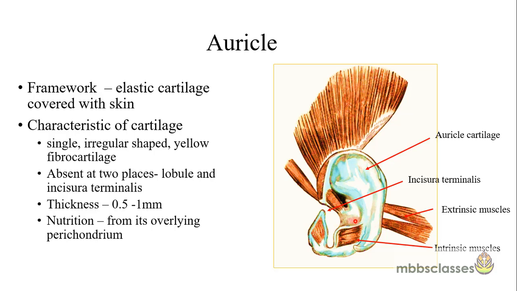From where does it get its nutrition? Any cartilage gets its nutrition from its overlying perichondrium. This is important clinically. I repeat, cartilage gets its nutrition from its overlying perichondrium. In the pinna, this cartilage is covered by a layer of skin.